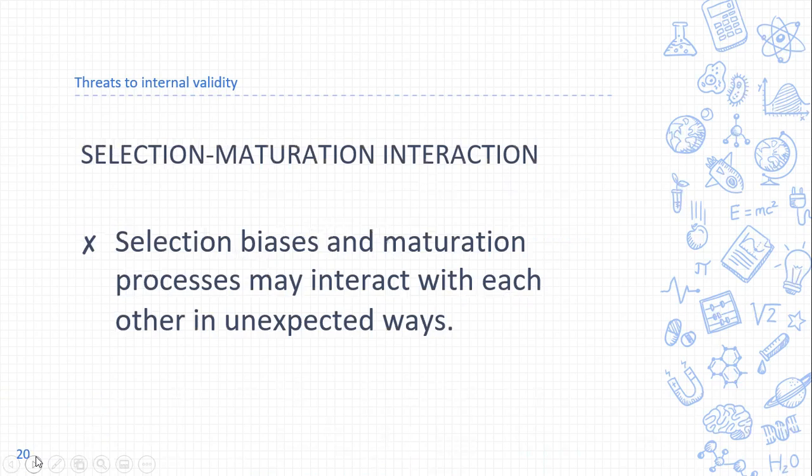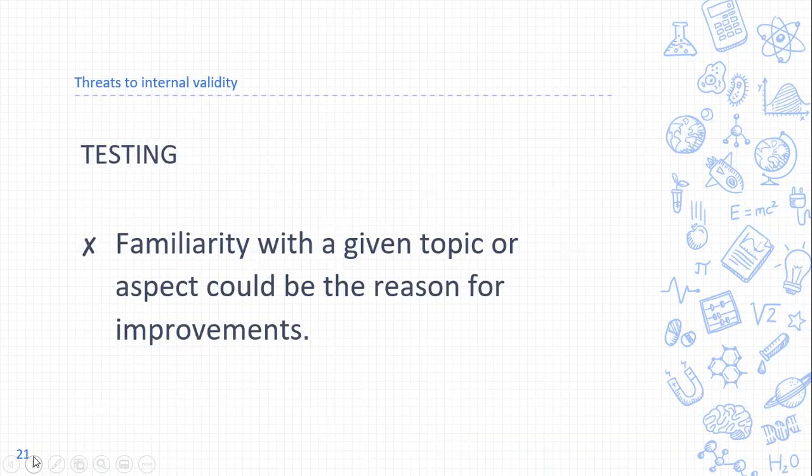These are biases, and selection biases and maturation processes may interact with each other in unexpected ways. In this further reading, we are given the example of gifted children assigned to a treatment, and compared to the control group, can show a higher level of improvement due to their talents and maturation. But that's because of their talents, and could be that it's not because of the treatment they are receiving in the experiment.